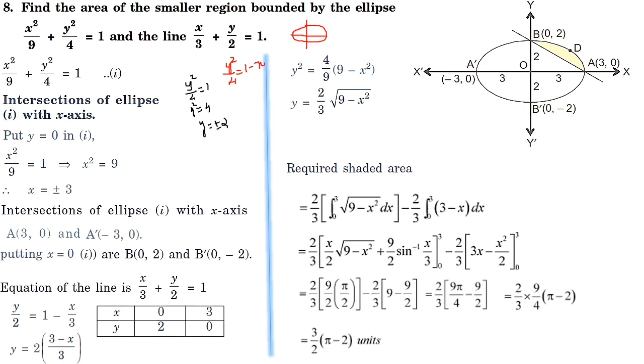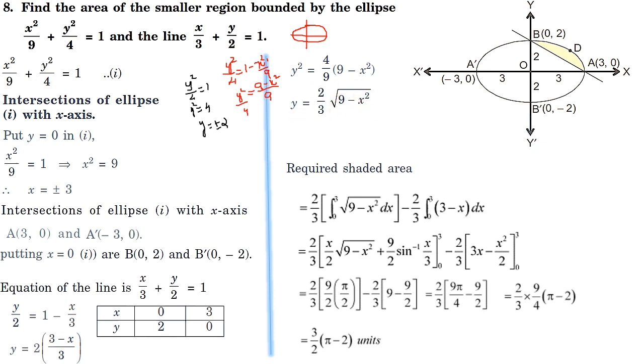Then when we take LCM 9, 9 minus x square will be coming. This is y square by 4, and we need y square. For y square, just take 4 to the right hand side numerator. That is y square equal to 4 by 9 into (9 minus x square), so y is equal to 2 by 3 into root of (9 minus x square).